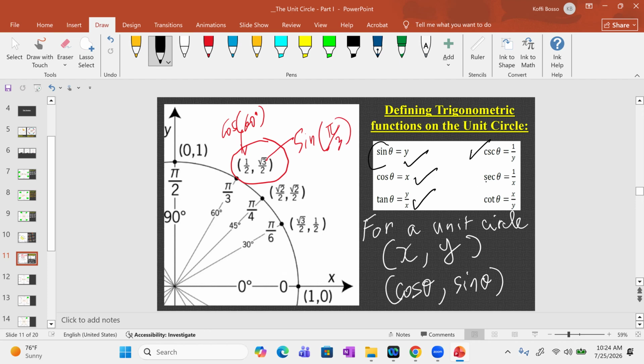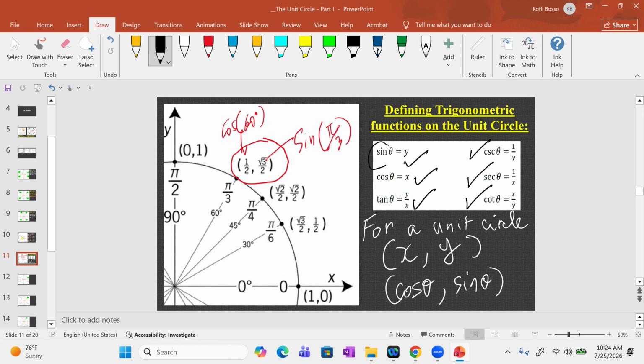For the secant, you flip the cosine value, so 1 over x, and for the cotangent, you flip the tangent value, which will be x over y. In another video, you will see the explanation of the 6 trigonometry functions.